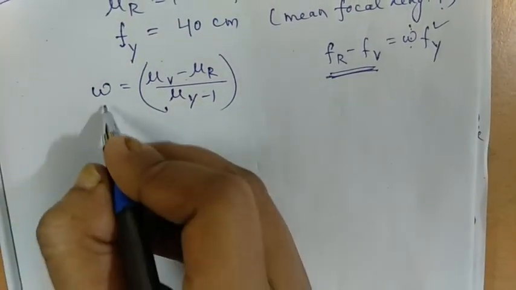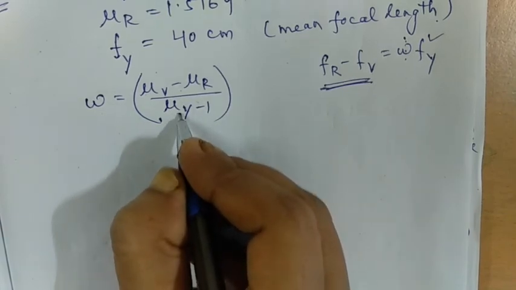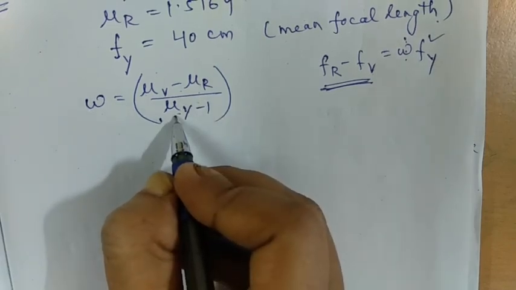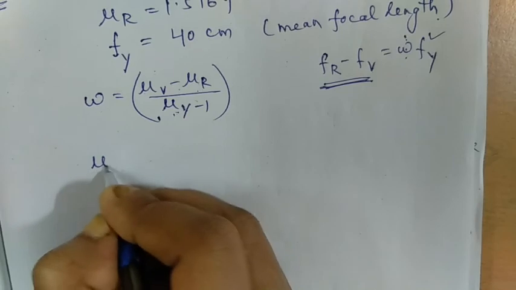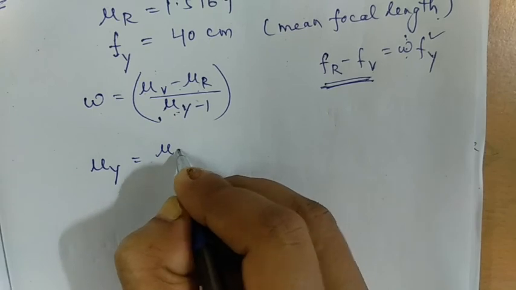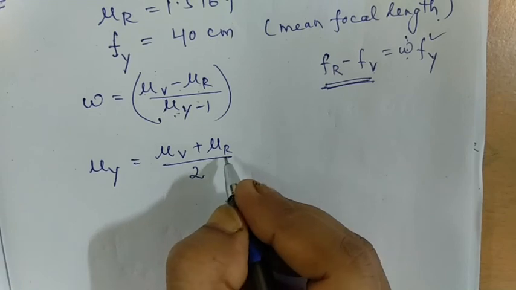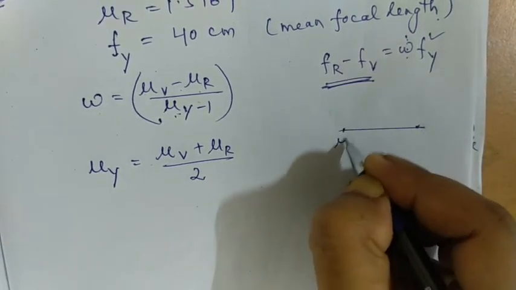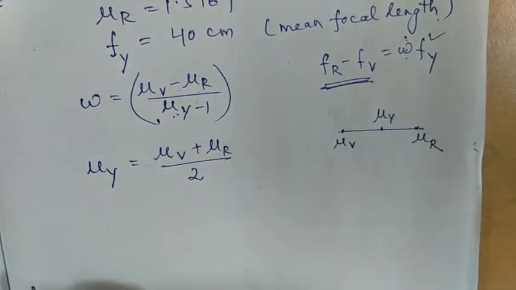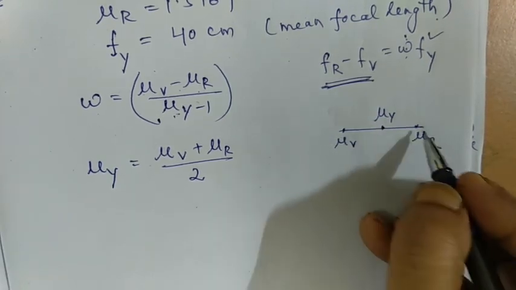So let's start calculating omega. Now mu Y is not given. You have mu V, mu R. So how will you calculate this mu Y? You know mu Y is the mean refractive index, which is given by mu V plus mu R divided by 2. These are two extreme points. Suppose this is mu V, this point is mu R, so mu Y is in between these two, in the mean position of these two points.